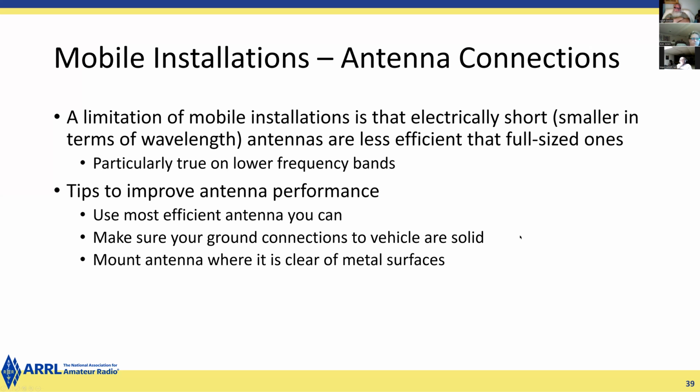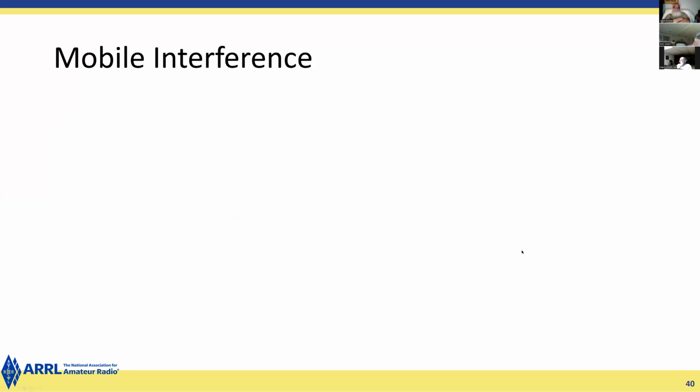I'm not going to get into the weeds on mobile installation, but it's something to watch out for. You also want to mount the antenna where it's not right next to a vertical metal surface. For instance, on the bumper of your car is not necessarily very good compared to mounting on the trunk lid. So those are things to watch out for.